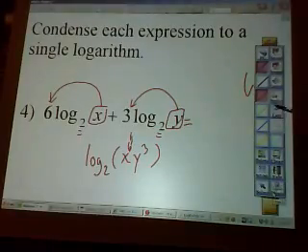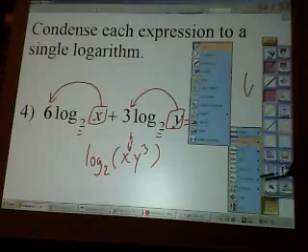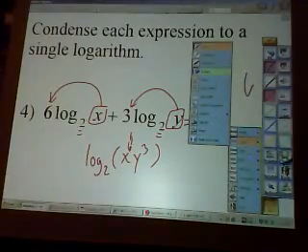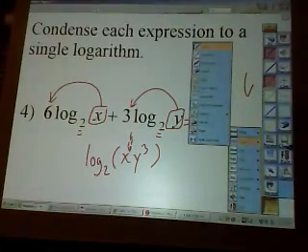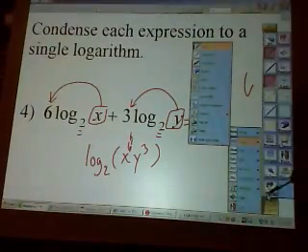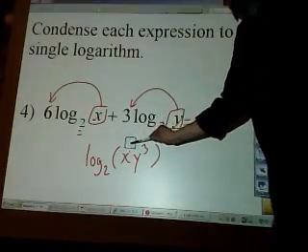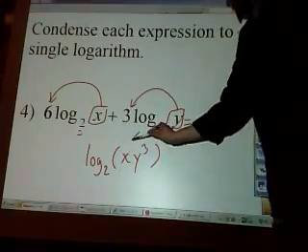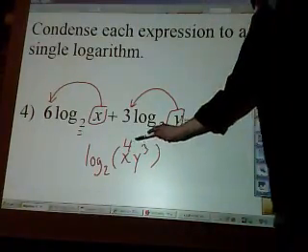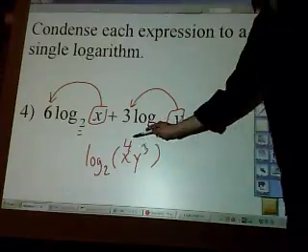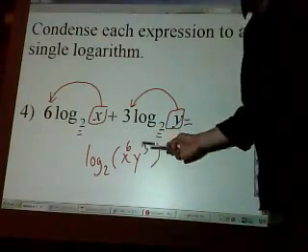Let me get the eraser. Oh, my eraser disappeared too. So I'm going to erase that real quick. Oh, did I put a 4? Is that supposed to be a 4? What's it supposed to be, guys? Yeah, it looked like a 4. That's why I was changing it. So let's put a 6.